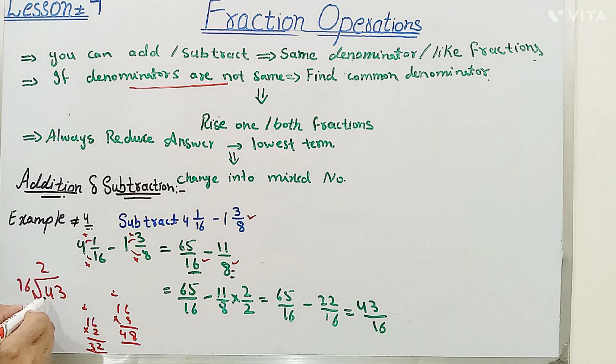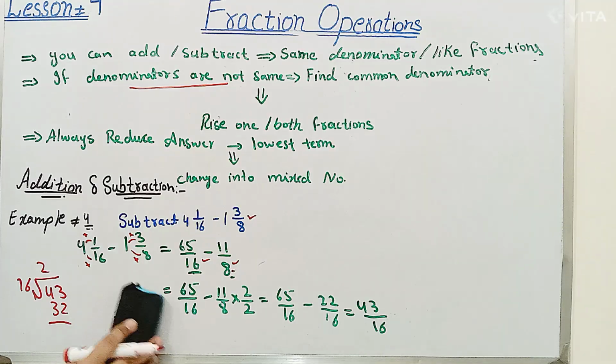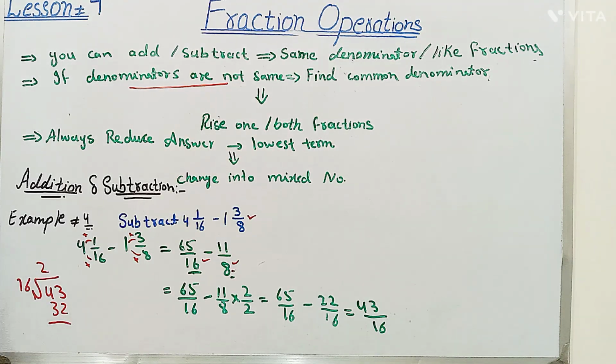So we multiply with 2, 32. And the remainder will be 11. So my answer is 11 over 16.